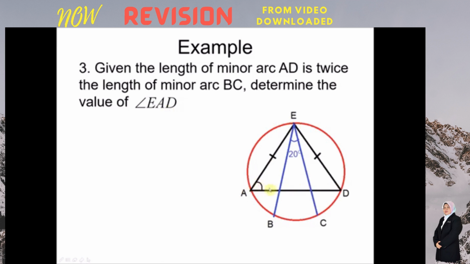In order to find this angle, which is in a triangle, we need to find the other angles in the triangle first. Hence, we need to use this. You see the blue lines here form an angle of 20 degrees at the circumference of the circle subtended by the arc BC. If we can use this to find the angle AED, then we can find this angle.